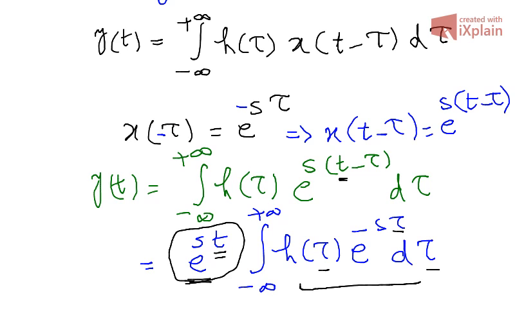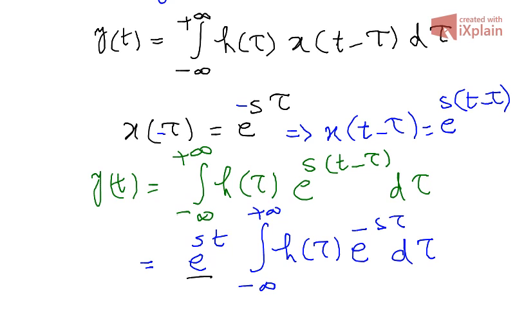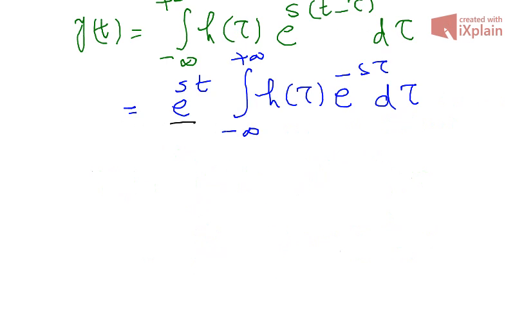Now you can see this integral. Let me erase these extra marks so that you can see it. We have e raised to power st. Now I can say this is actually the same complex exponential, e raised to the power st, and the integral you can write as a function h of s.